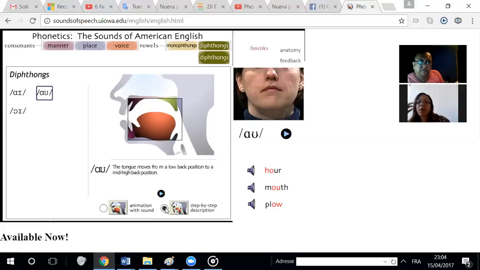The tongue moves from a low back position to a mid high back position. Okay. Low back position, the tongue, with the mouth and your jaw. And then it rises up to a mid-high back position.